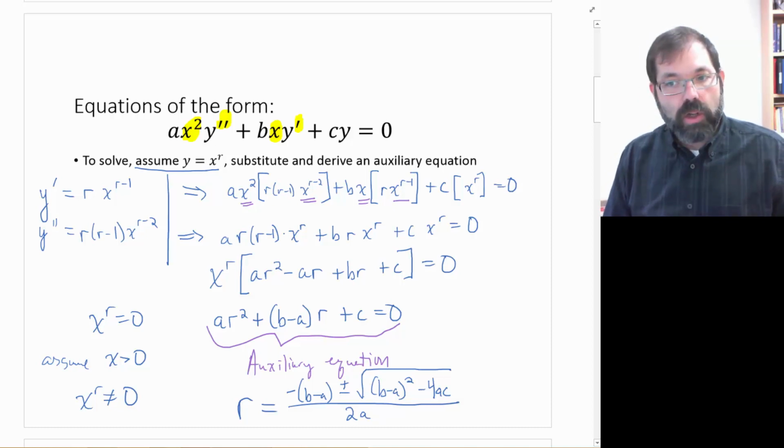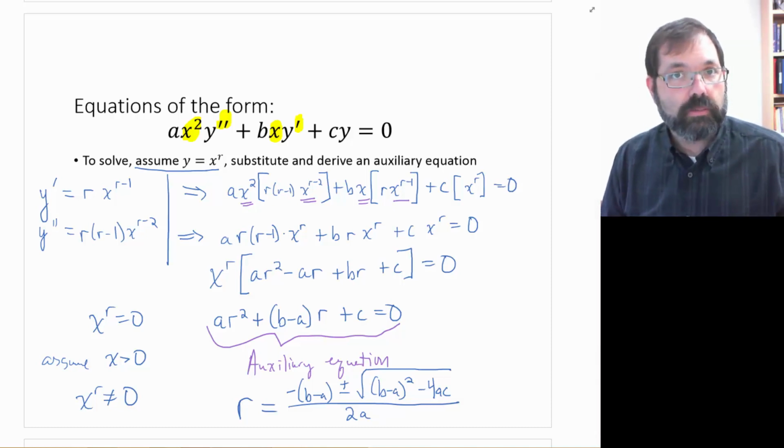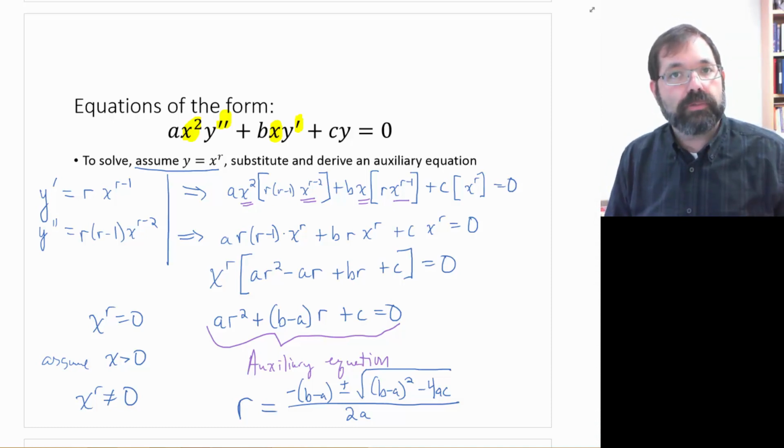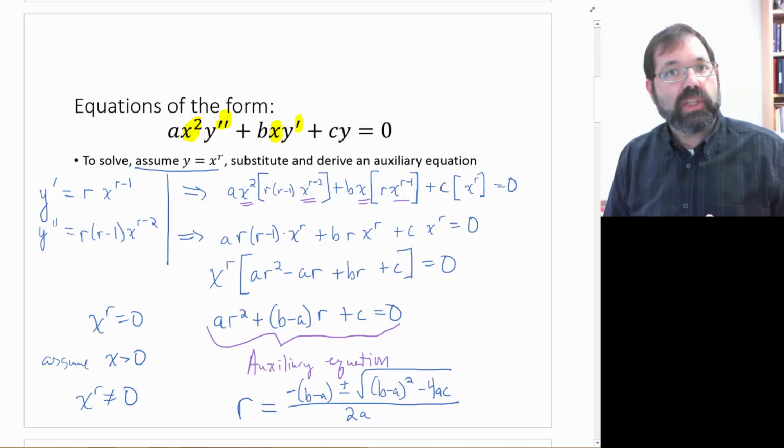And depending on the discriminant, depending on what's under that radical, we can get three different cases. One, if the discriminant is positive, a second case if the discriminant is 0, and a third case if the discriminant is negative. So now let's take a look at those cases and see what happens.